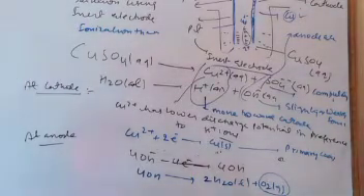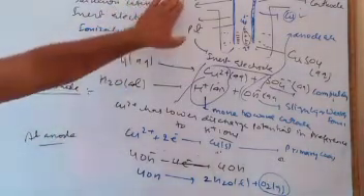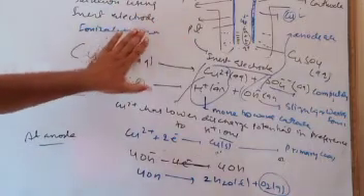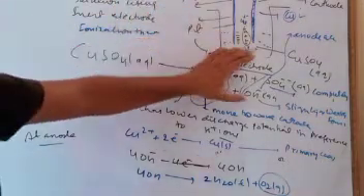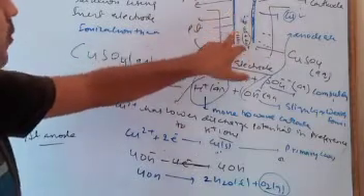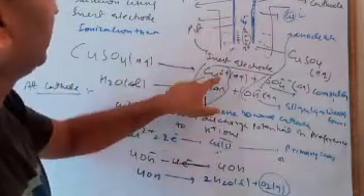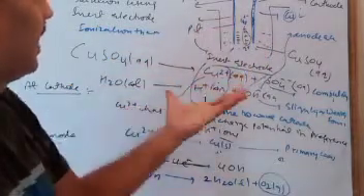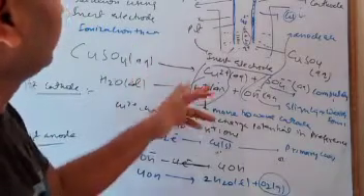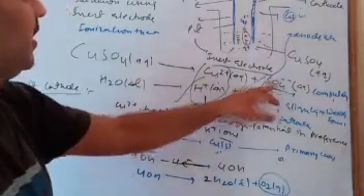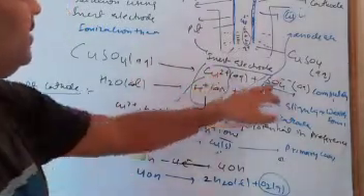Now, very simple: electrolysis of copper sulfate aqueous solution using inert electrodes. See, this is a container. These electrodes are made of platinum and the electrolyte is copper sulfate, forming ions after applying ionization theory. These are the cations, these are the anions.